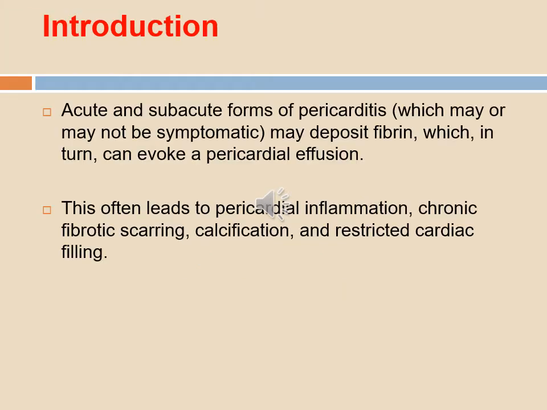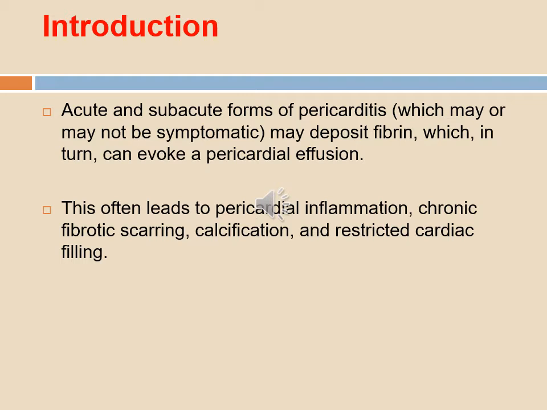Regarding the introduction, first of all, there are too many forms of pericarditis, the inflammation of the pericardial tissue. Acute form, subacute form, and a chronic form, which may or may not be symptomatic. It may go asymptomatic at all, or come with some symptoms that later may deposit fibrin, which in turn can evoke a pericardial effusion, which is some fluid forming in the pericardial space.